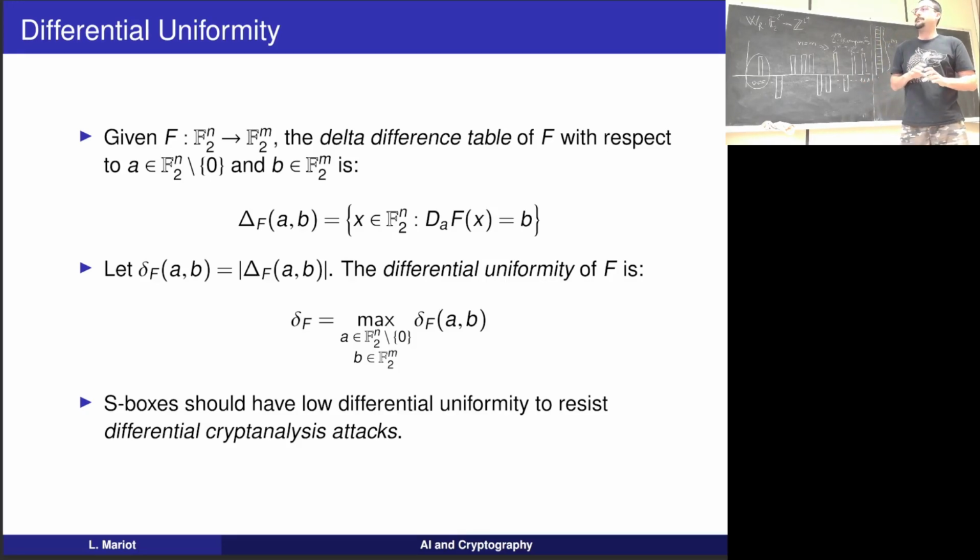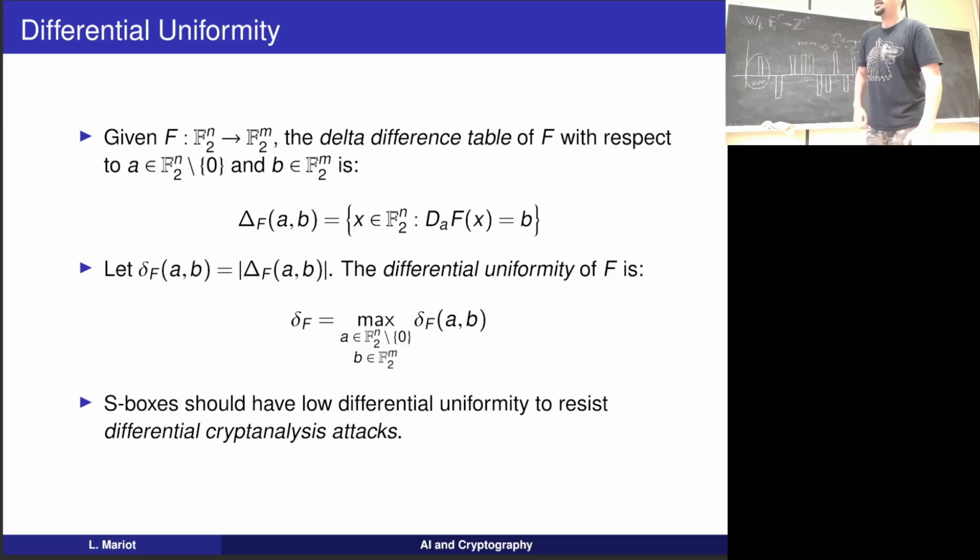Differential uniformity instead is something where you want to have as low a value as possible, because if it is not as low as possible, then you can do another kind of attack, which is called differential cryptanalysis. And the idea is that you consider the differences between 2 input vectors, and the differences between the corresponding output vectors after you have computed them through the Sbox.